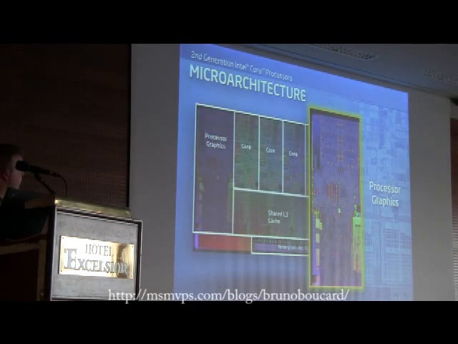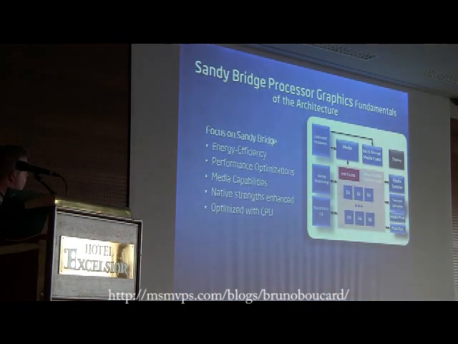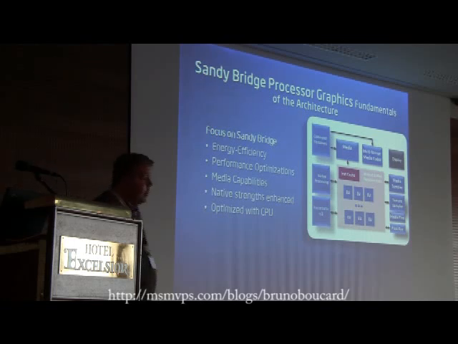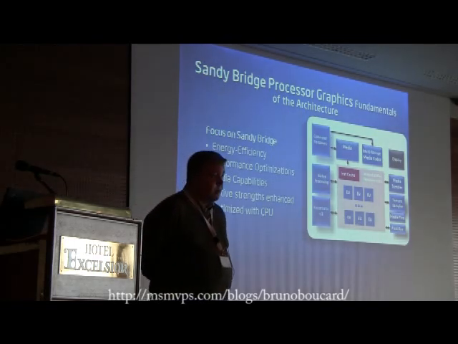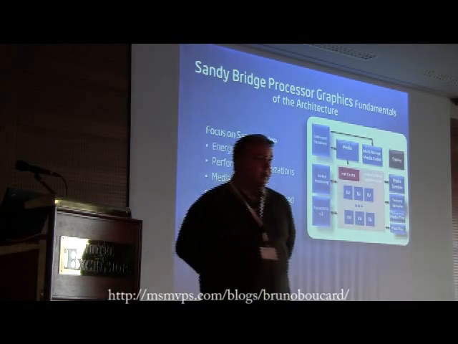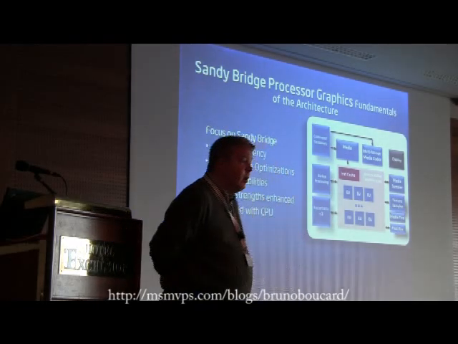Okay, moving on, let's talk about the processor graphics. So those of you who are familiar with our graphics solutions will know that we've had an integrated graphics solution for a long time, but it's been integrated into the chipset on the motherboard primarily.